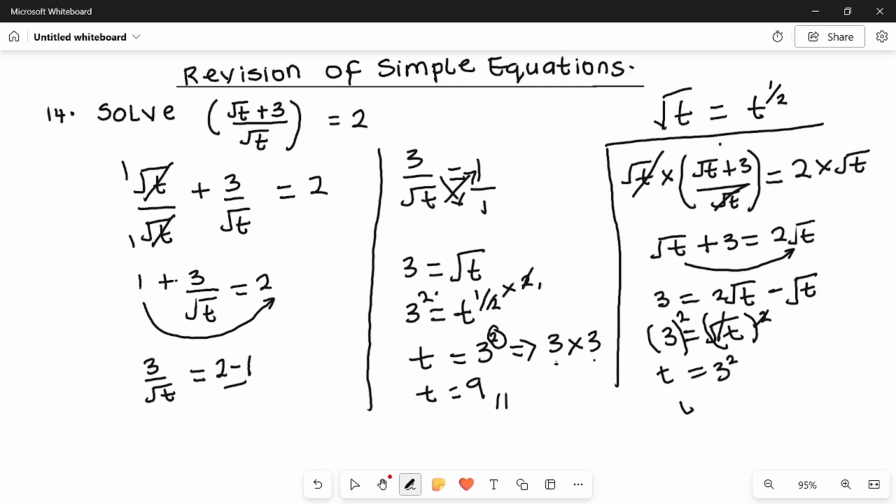Therefore, t is equal to 9. So you see, the same answer, 9 here, 9 here, but different steps. This one is faster. This one you have to take this process and this process and this process. So you choose the one you like better.